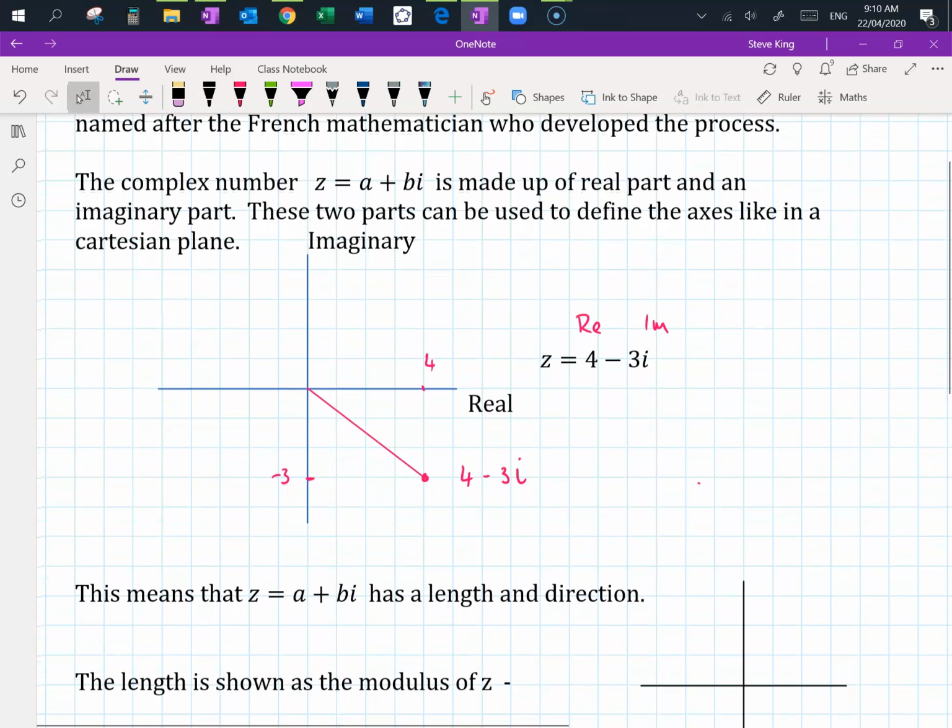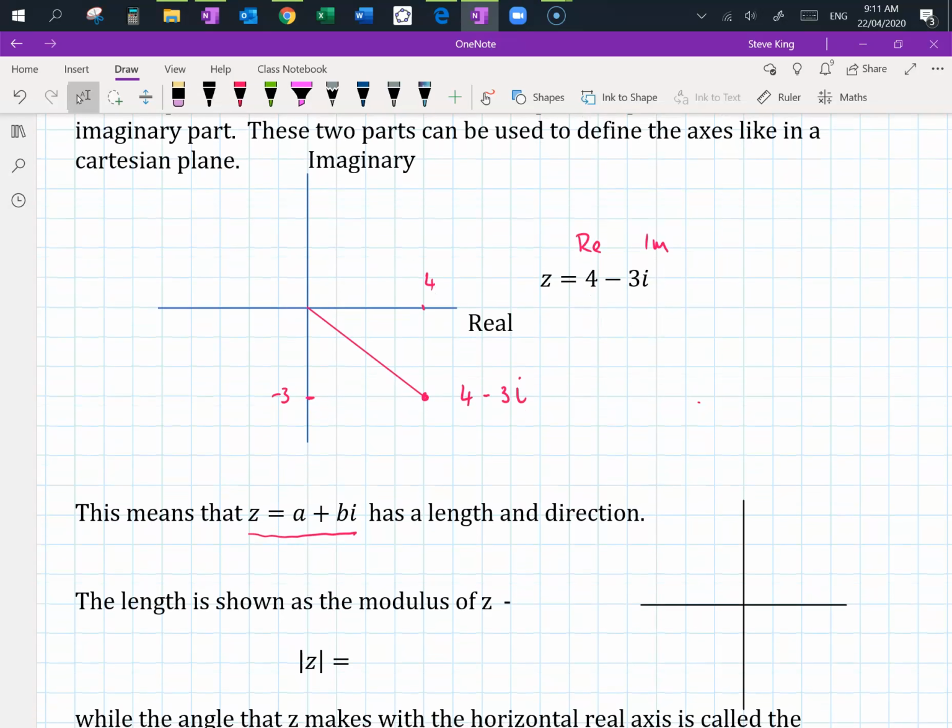So that means that this complex number, which in general terms we can refer to as z equal to a plus bi, has both length and direction. So if I say this is the point over here, a plus bi, and I link that up from the origin, I'm going to draw my line out to there.